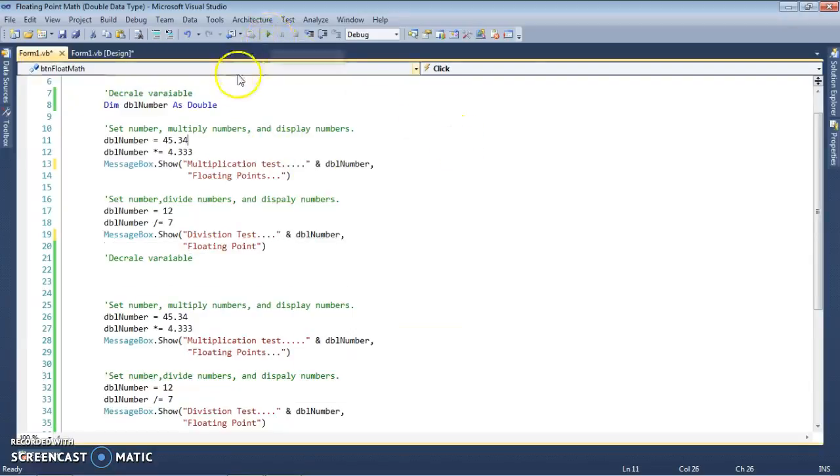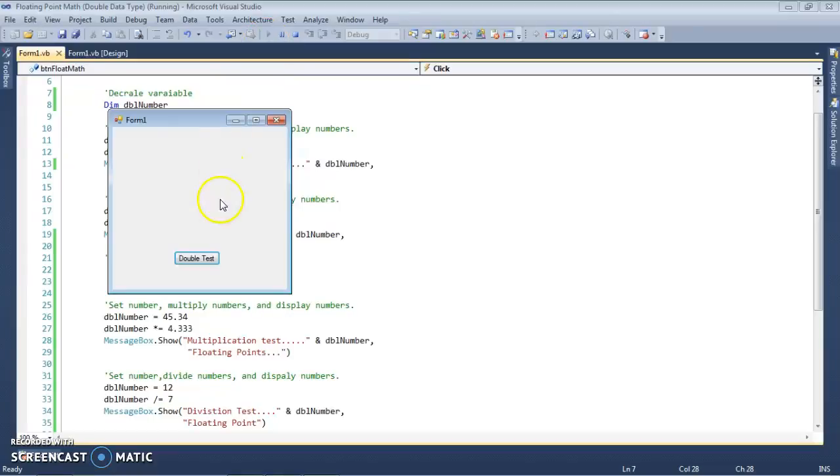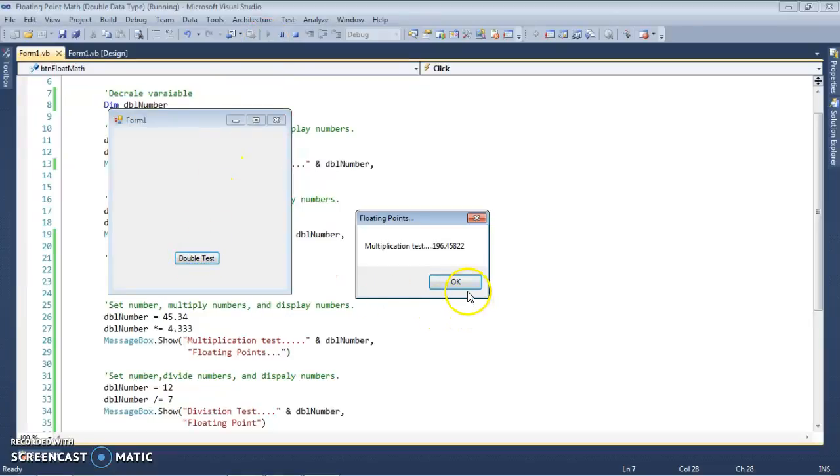So it's going to go back to acting as a double. That's the only difference. Save it. Round it off at 5. About 12.